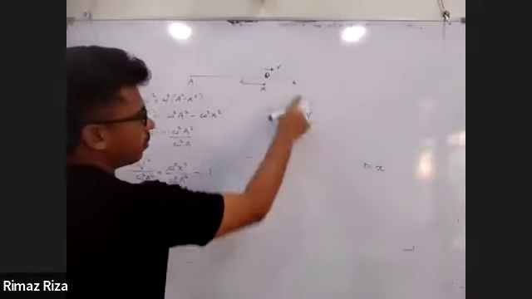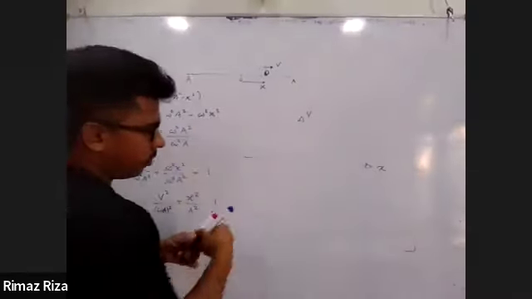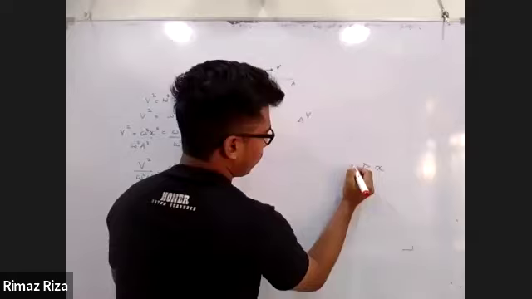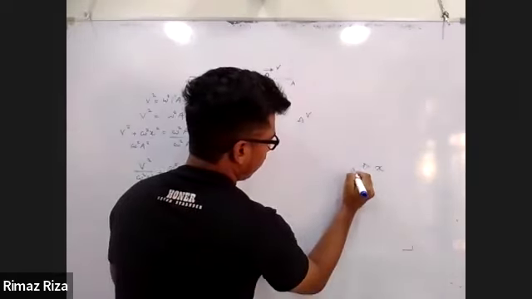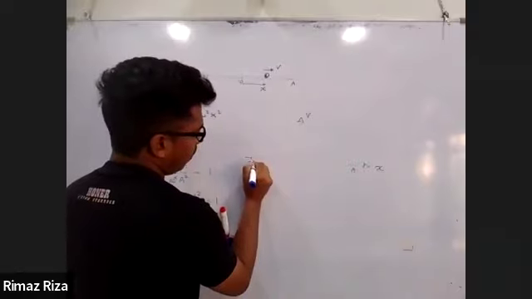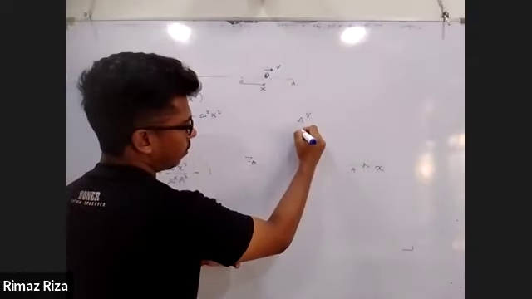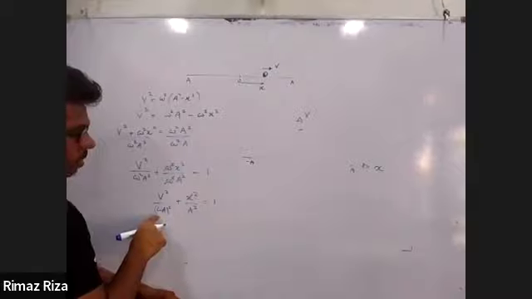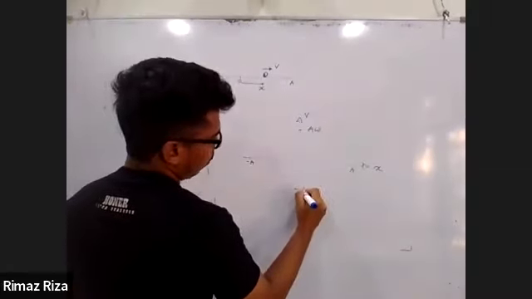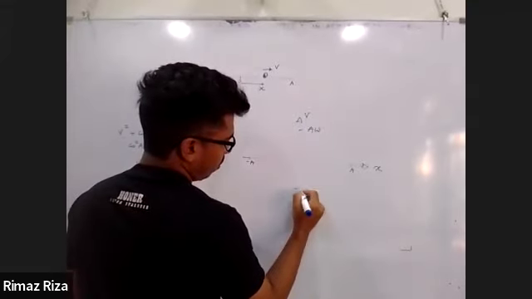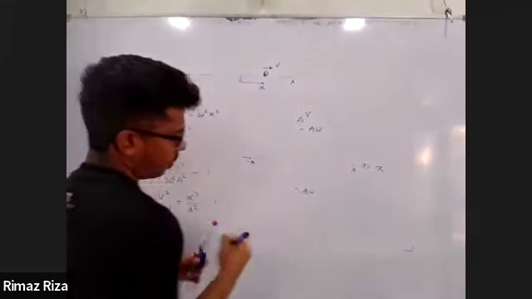The range of x is plus a and minus a, and v is plus a omega and minus a omega.